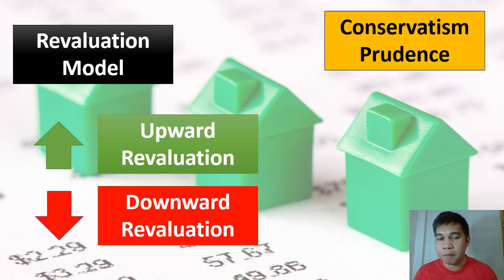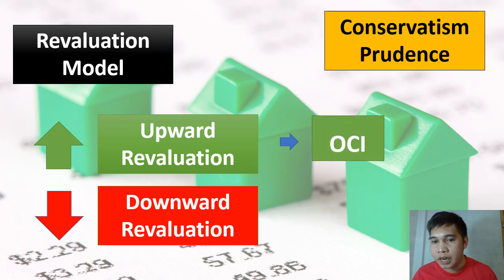So kaya po, kapag meron po tayong upward revaluation, hindi mo po agad siya i-recognize under profit and loss. So, ibig sabihin, although nire-recognize natin yung upward revaluation, however, ang treatment po natin yan, hindi diretso sa profit and loss. So, ilalagay po natin yun muna sa ating OCI or yung other comprehensive income.